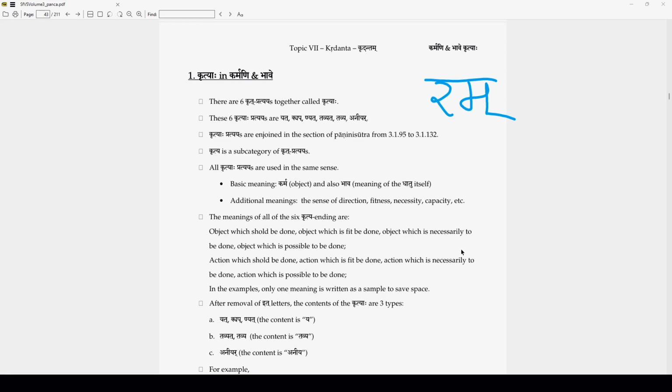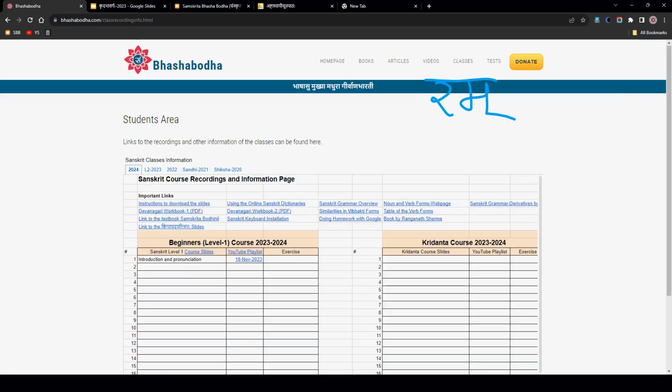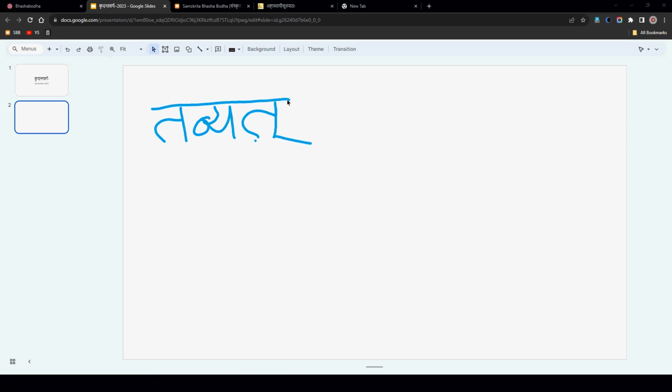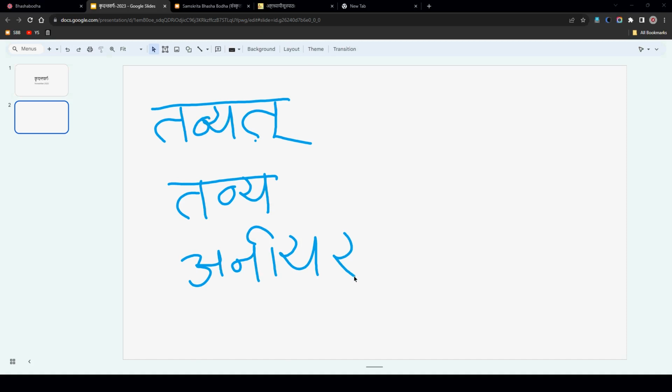That is tavyat, tavya, aniyar. These are the three pratyayas we are going to start studying.